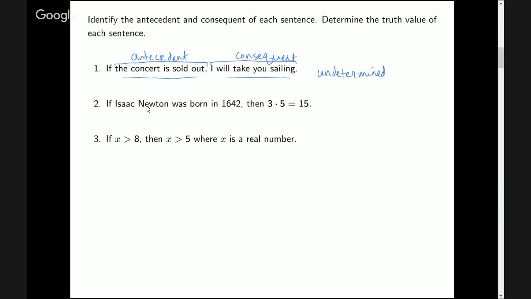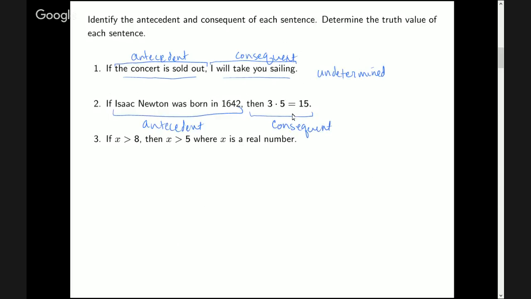Tell me about Isaac. If Isaac Newton was born in 1642, then 3 times 5 equals 15. What's the antecedent? 1642. So that's the antecedent. And the consequent? Now, tell me about this consequent.